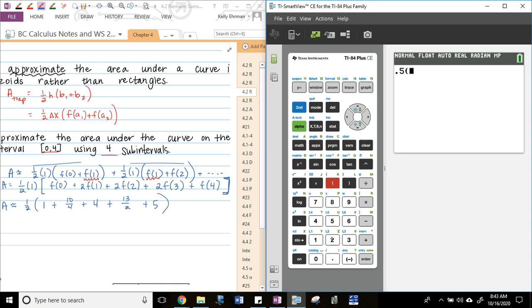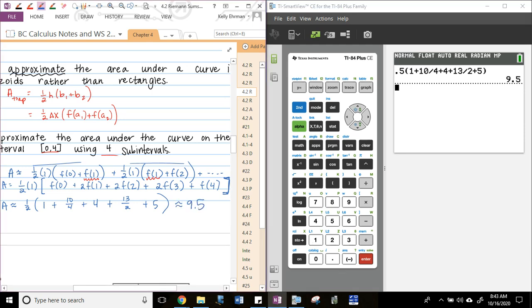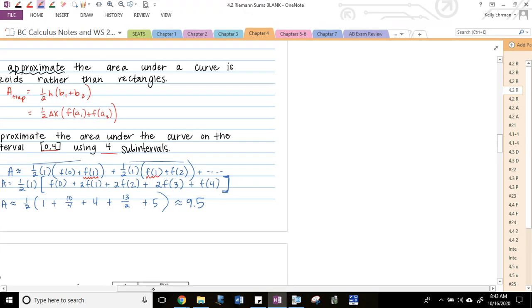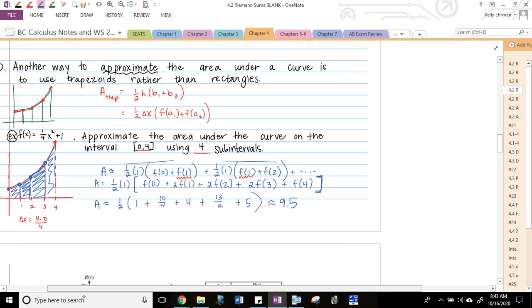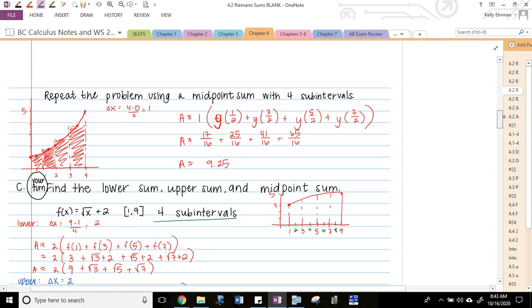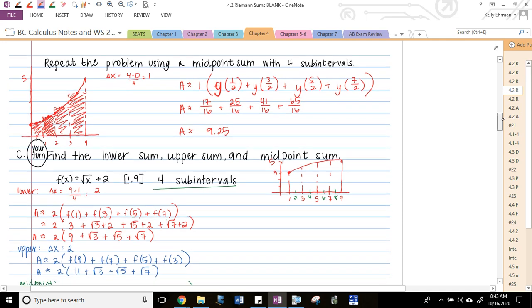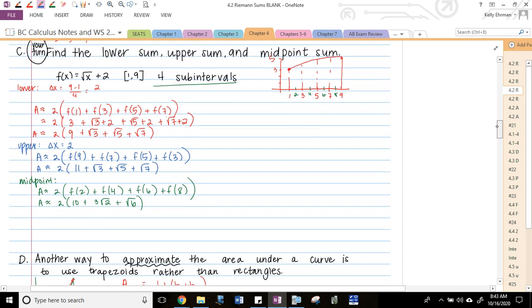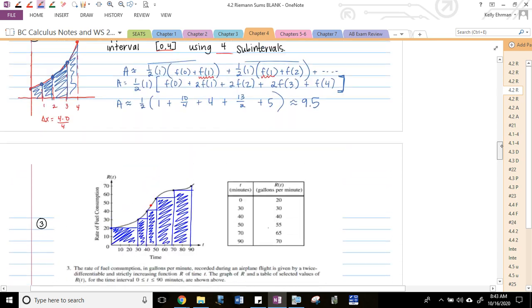So 0.5 times 1 plus 10/4 plus 4 plus 13/2 plus 5, 9.5. So using trapezoids instead of rectangles, we got 9.5. And remember, our best estimate was probably the midpoint sum, 9.25. So now we're narrowing it down even more, somewhere between 9.25 and 9.5.